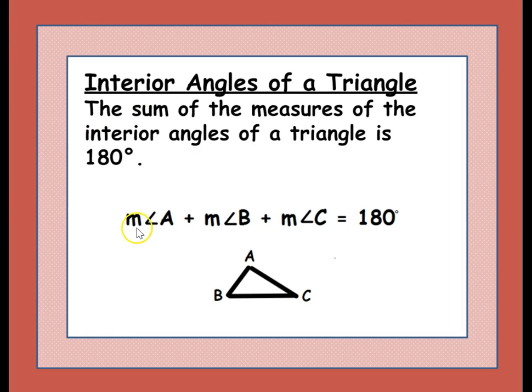So all this says right here is the measure of angle A plus the measure of angle B plus the measure of angle C equals 180. Okay? So you have to know that their angles are going to equal 180 to solve for x sometimes. And we're about to see some problems like that.